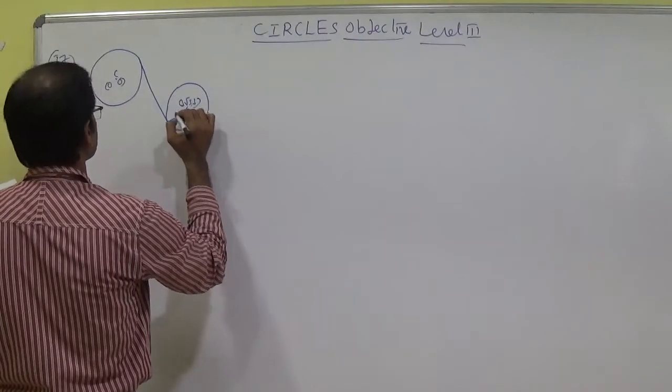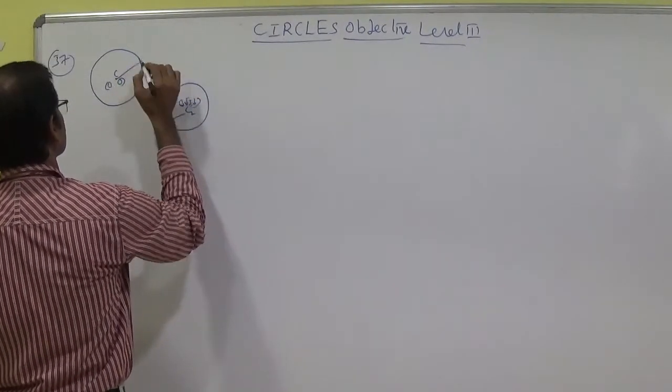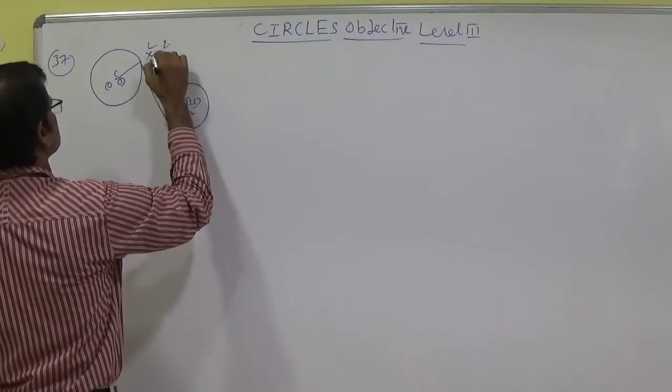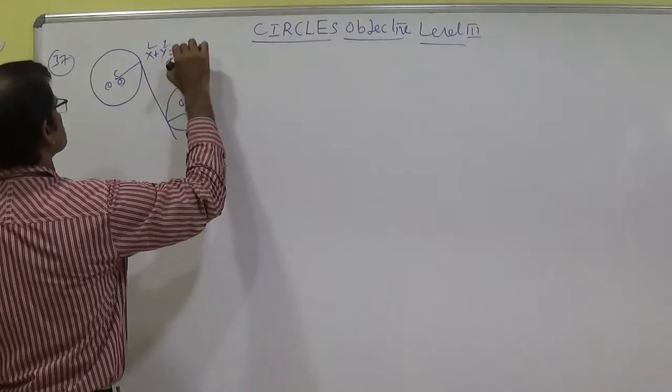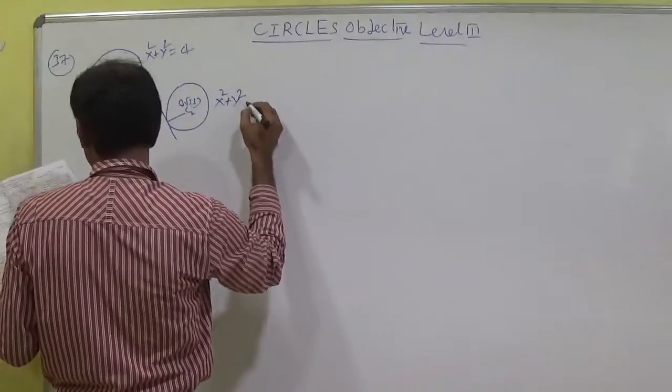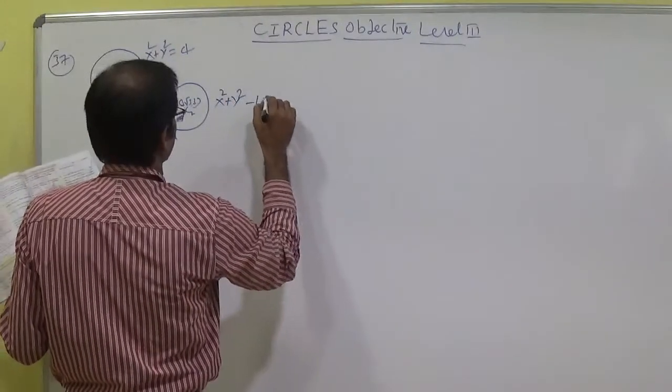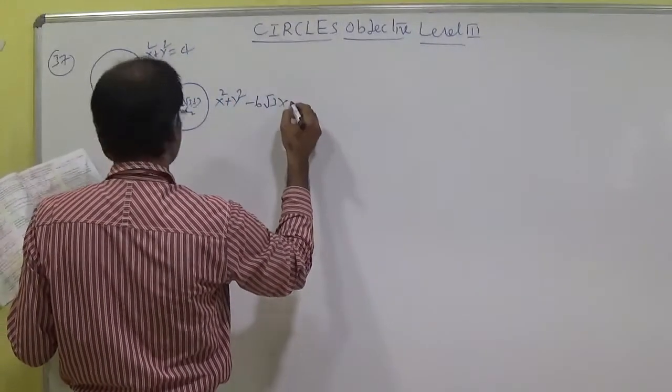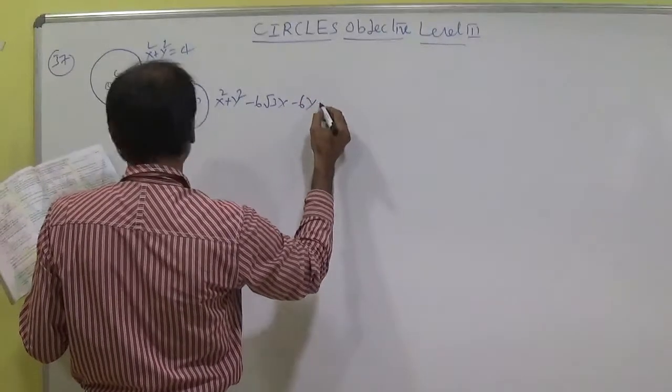You can use r is equal to d. Let this be the first equation, x square plus y square is equal to 4, and this be the second equation, x square plus y square minus 6 root 3 x minus 6 y plus 20 equal to 0.